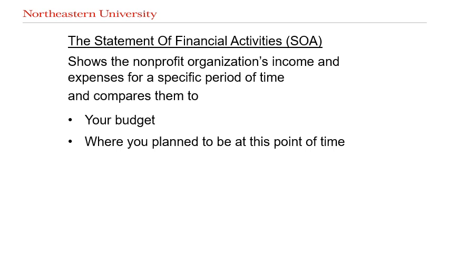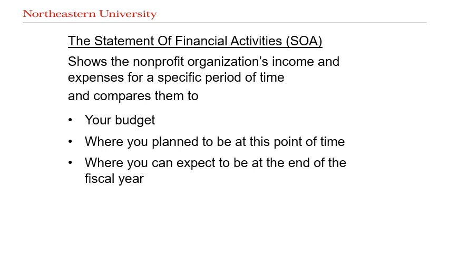It will show you where you are versus where you thought you would be, where you planned to be at this point of time in revenue and in expenses, and will tell you where you can expect to be at the end of the fiscal year, so you don't have to wait and find out in shock and dismay, but you will know way ahead of time where things are looking to go.